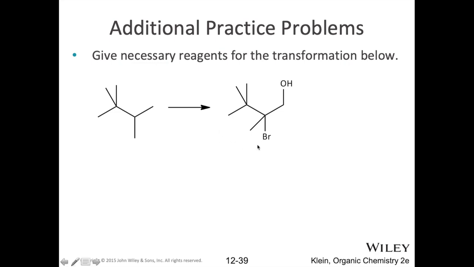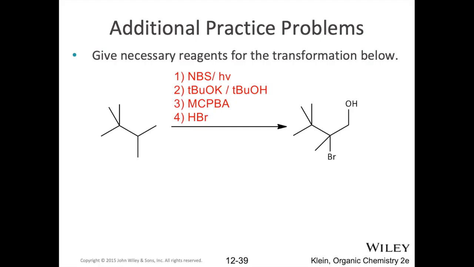So if you want to get this product, you may want to look for an alternative pathway. This problem is a little trickier than it looks at first. What I recommend is using MCPBA to make an epoxide and then have bromide as your nucleophile, so perhaps using hydrobromic acid. Here are all the steps.